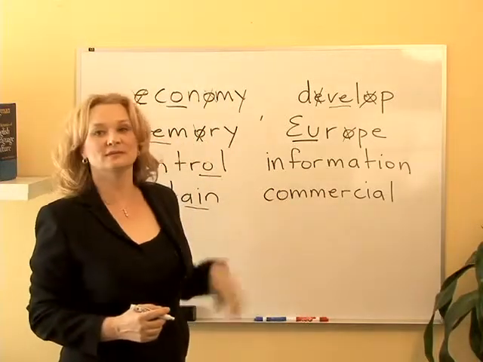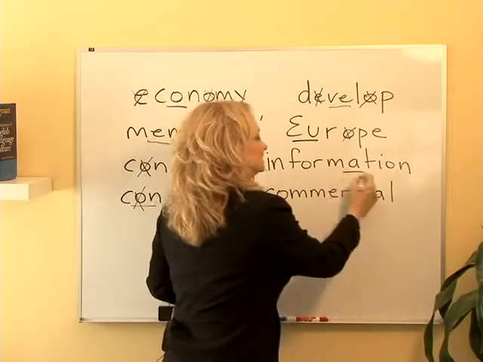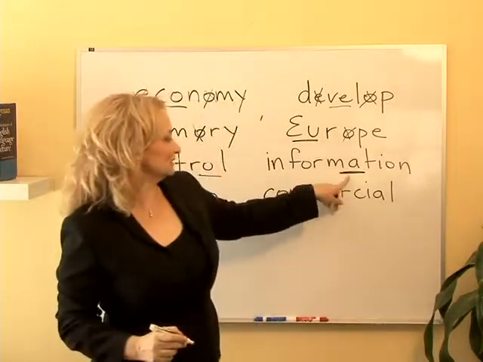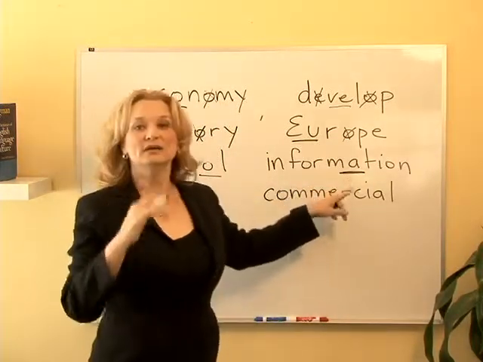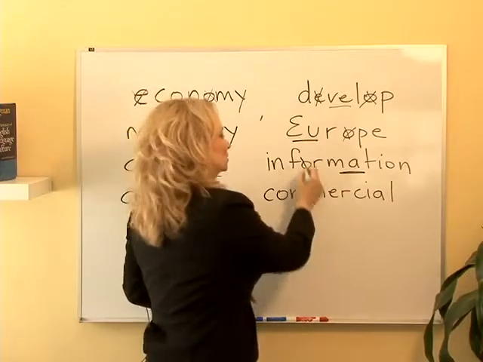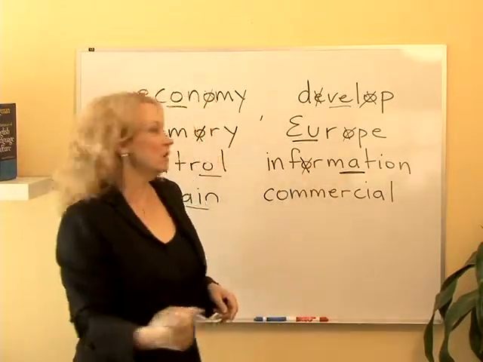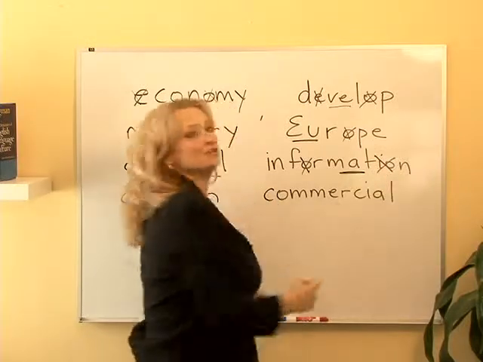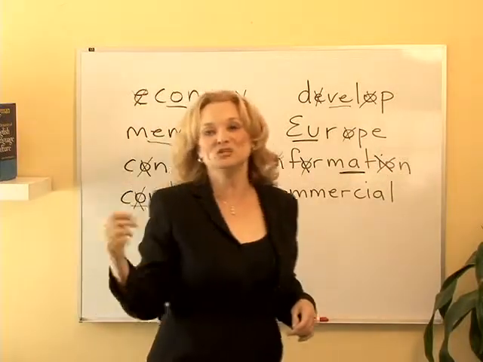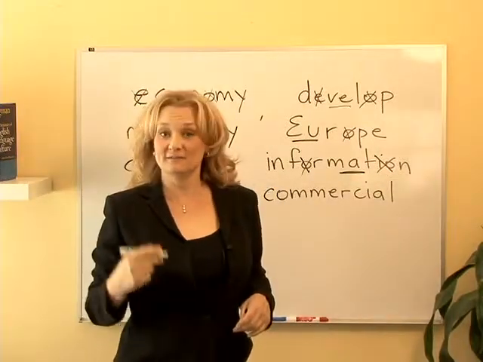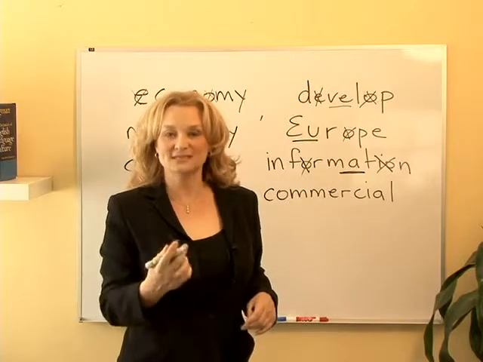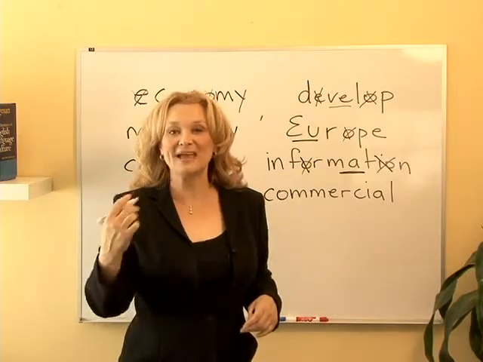How about this one? This is the most stressed syllable right here, the A. Information. So we don't say infor, and we don't say mation. We don't say information. We say information. Once again, information.